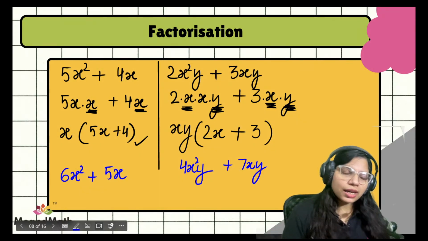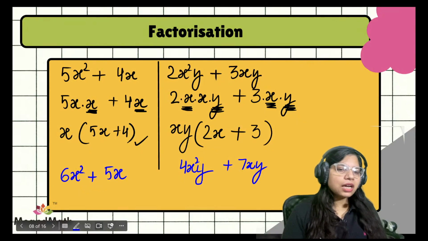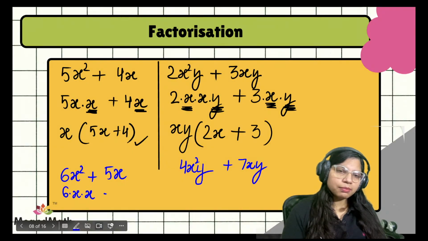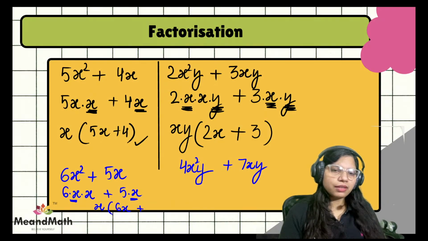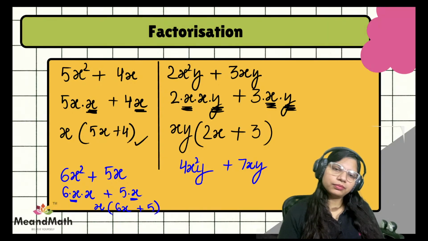So from the first one, let's break it down. It will be 6 times x times x plus 5 times x. x is something we can underline here, no? So you take x common, inside you have 6x plus 5. That's what your answer is.